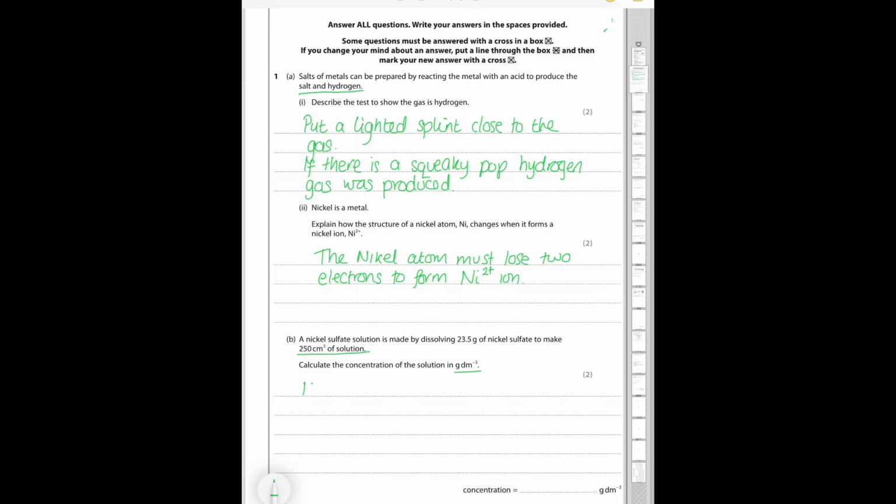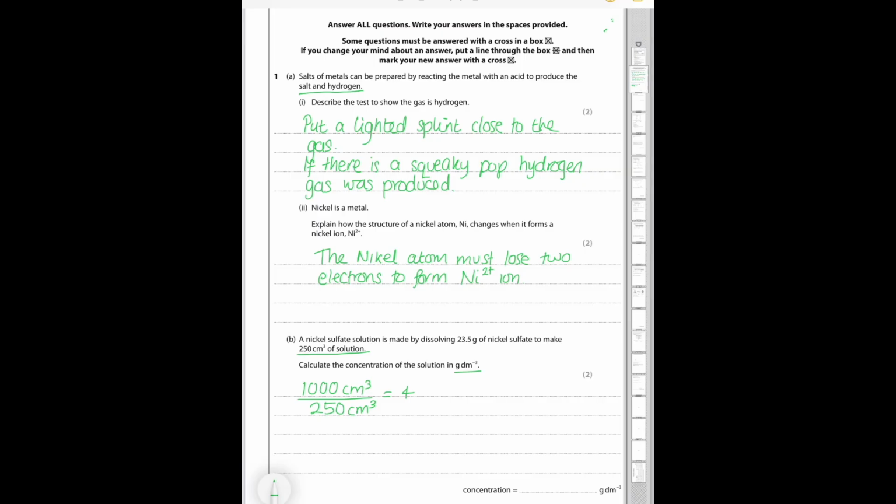So if we do 1000, which is a decimeter cubed, so 1000 centimeters cubed is a decimeter cubed, and we divide it by 250, which is what we had, that tells us that 1 decimeter cubed is 4 times as much as 250 centimeters cubed.